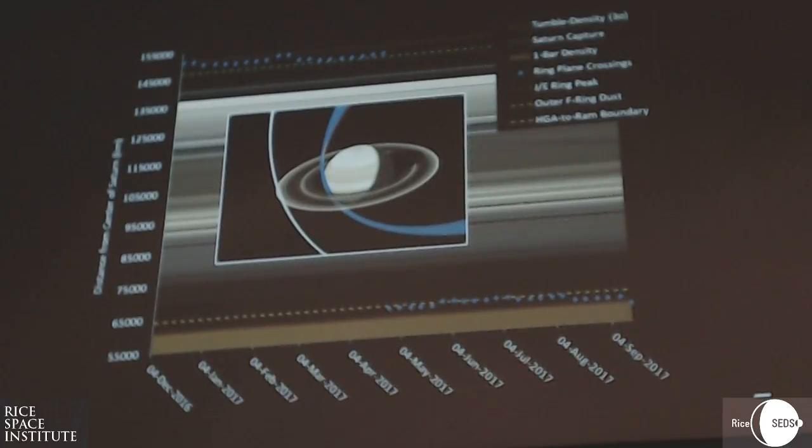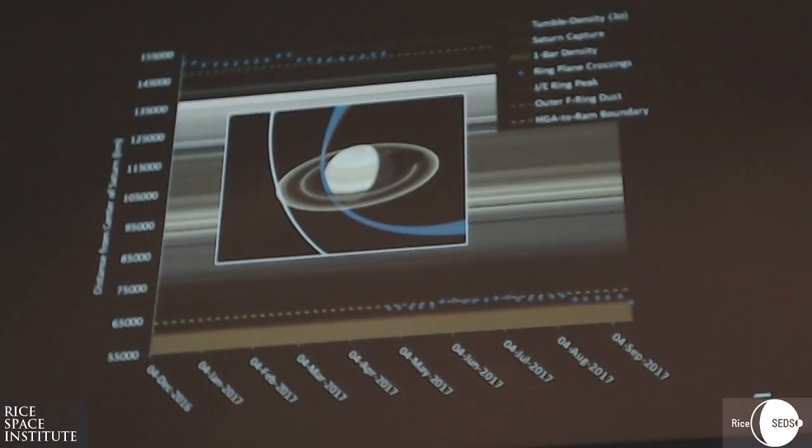So here's the set of observations. We laid out the rings, and so you have the distance from the center of the planet over a period of time, and each of these dots are really where the Cassini spacecraft would go right through the screen, perpendicular to the screen above us.